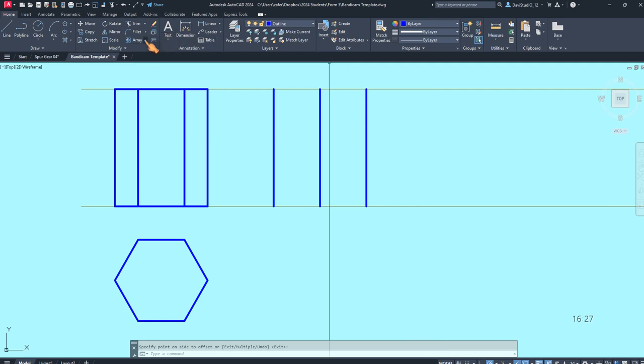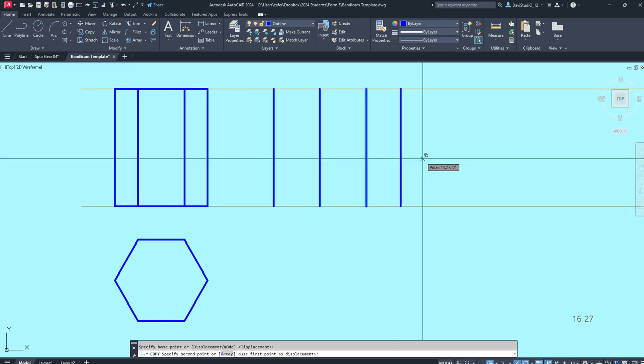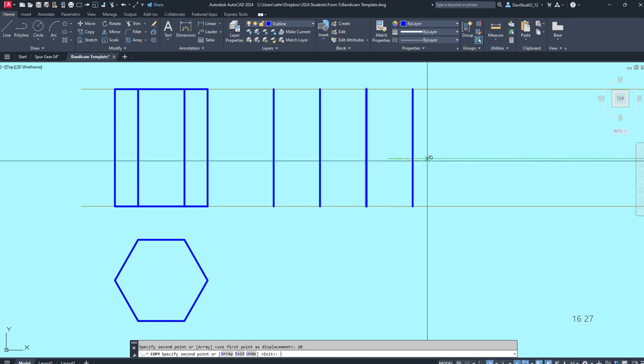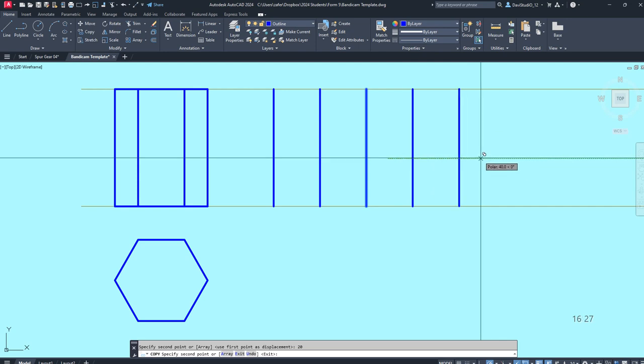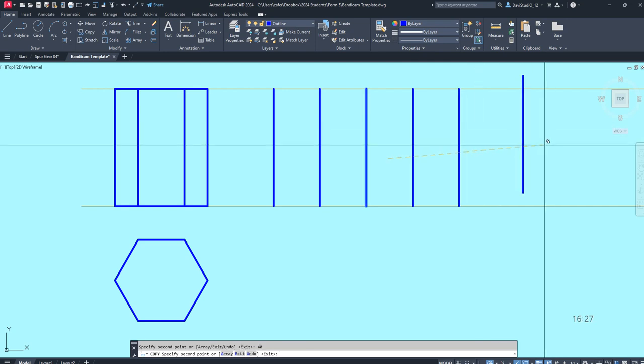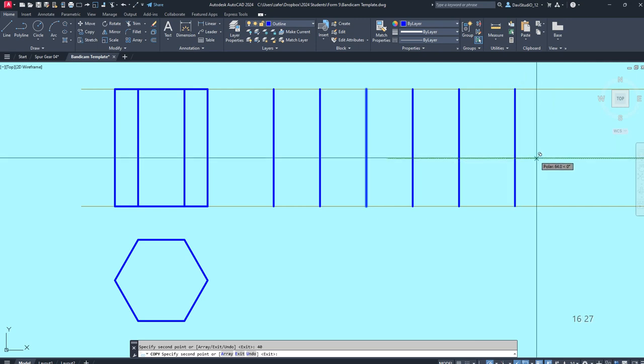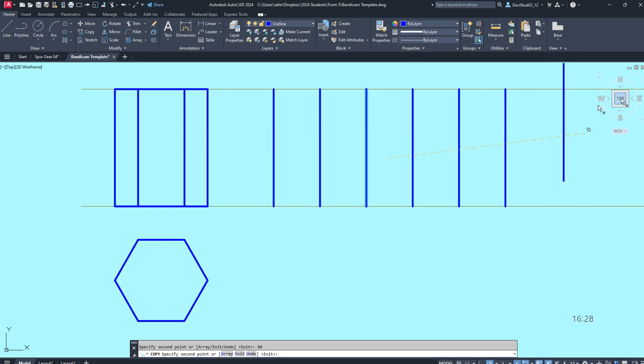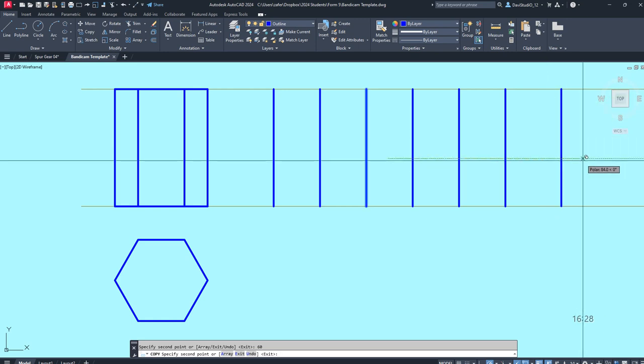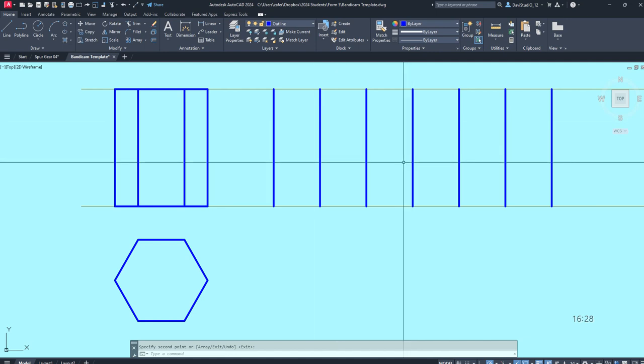What am I doing wrong? Copy 20, 40. 1, 2, 3, 4, 60, and 80. So you have 1, 2, 3, 4, 5, 6 sides.